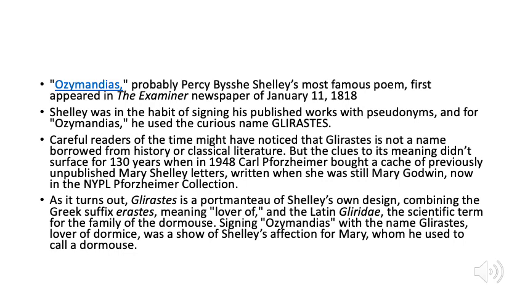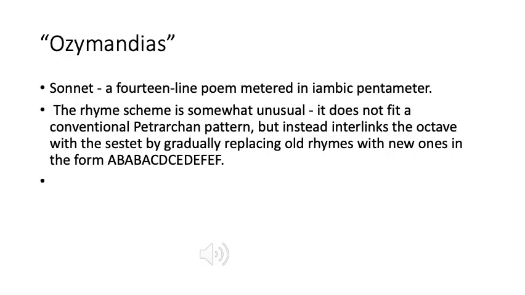So, the lover of the dormouse. That's how he signed this poem. And it was only much later, more than 130 years later, when certain readers of Shelley's poems discovered some letters written by Shelley and Mary and others, that they discovered the connection, or the meaning behind this pseudonym, Glirastes.